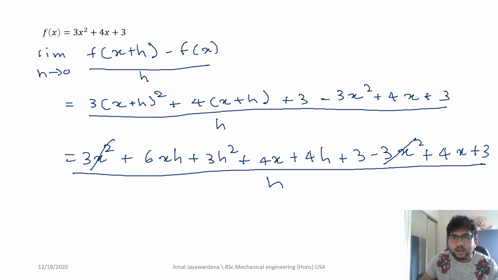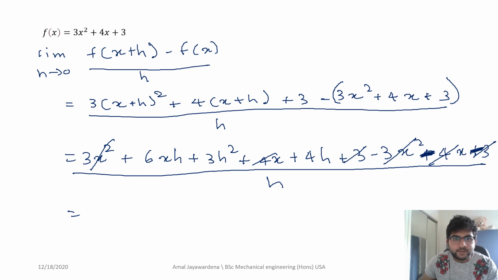I made a mistake here, so it's going to be negative this whole thing. So it's going to be negative 3x squared and negative 4x, and negative times positive 3 is negative 3. So the 4x and negative 4x are going to cancel out, and the plus 3 and negative 3 are going to cancel out.